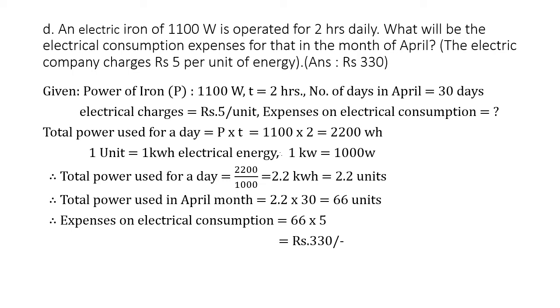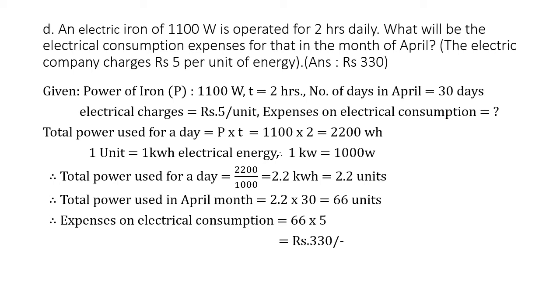If you use an electric iron for ironing your clothes, that iron has a power of 1100 watt, which is operated daily for 2 hours. Suppose you are going to school or your parents are going to office, for ironing your clothes you use that iron daily for 2 hours. So what will be the electric bill for that iron for the month of April?